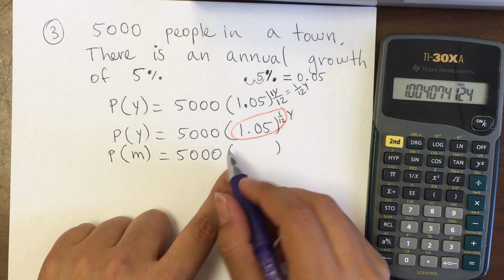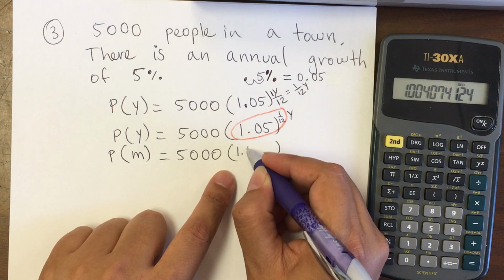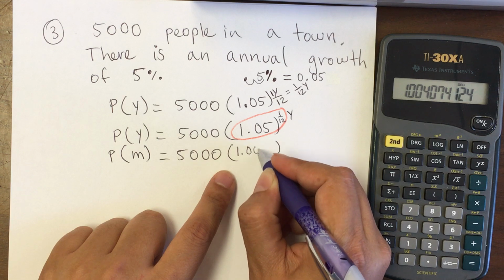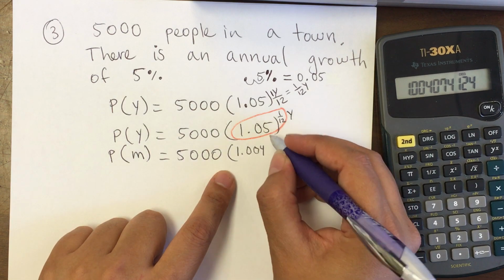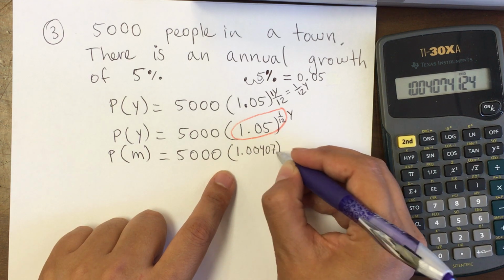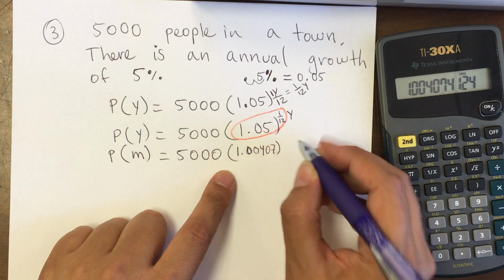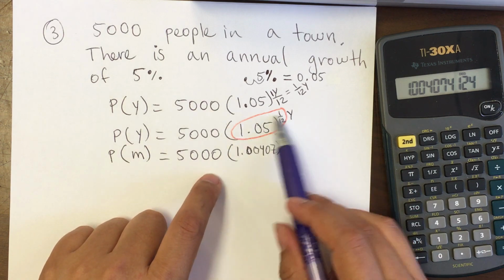Okay, so now our growth is 1.00407, etc., and that's per month because we're applying this already here.